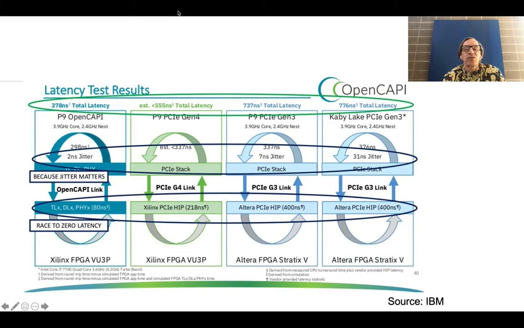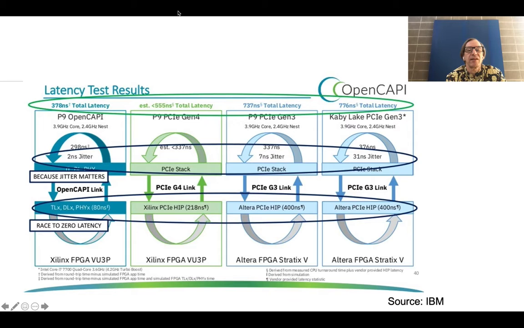So while the software level latency reductions are most significant, also at the protocol layer, there is a substantial improvement from PCI Express and CAPI 1.0 and 2.0 to OpenCAPI.